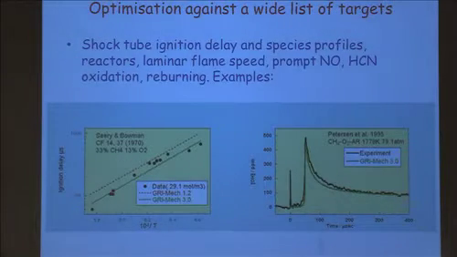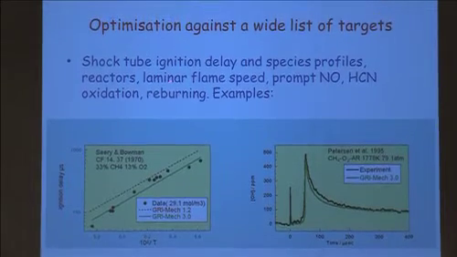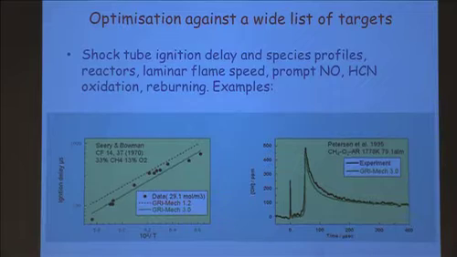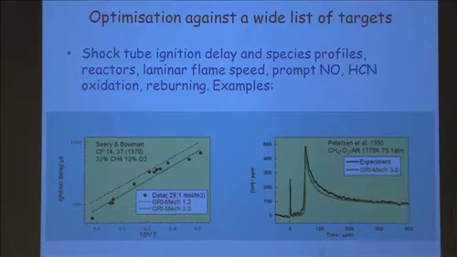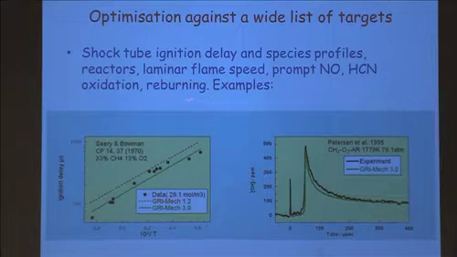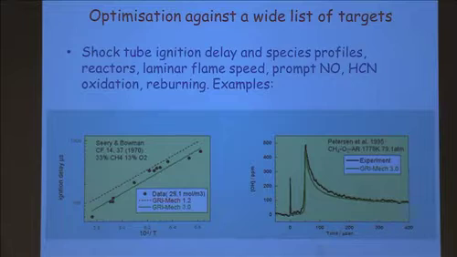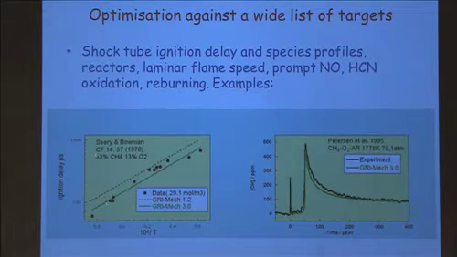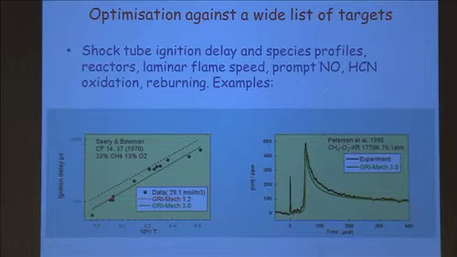And then optimization against a range of targets. So these are shock tube ignition delays and species profiles for laminar flame speed, prompt NO, HCN oxidation, reburning. And so these are a couple of examples. So these are the targets that I was talking about. And this is ignition delays from Siri and Bowman in 1970 as a function of temperature.